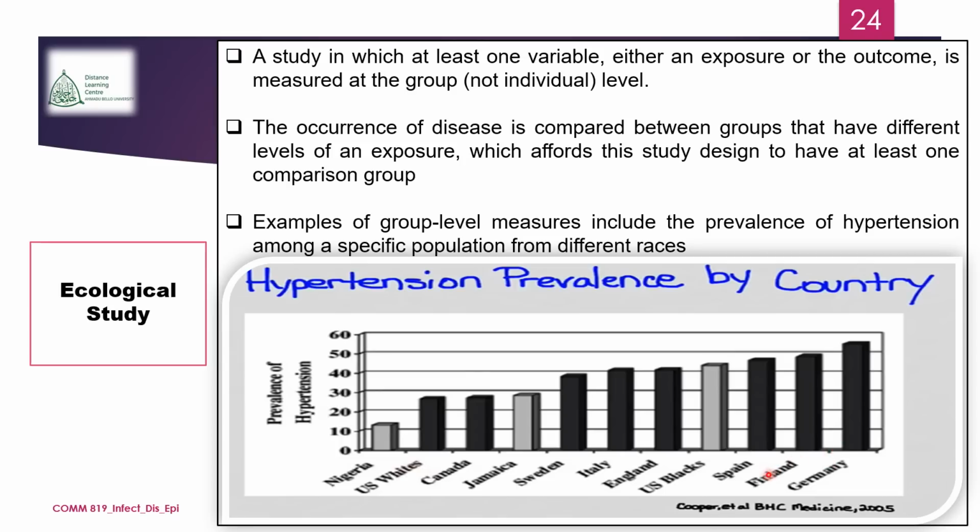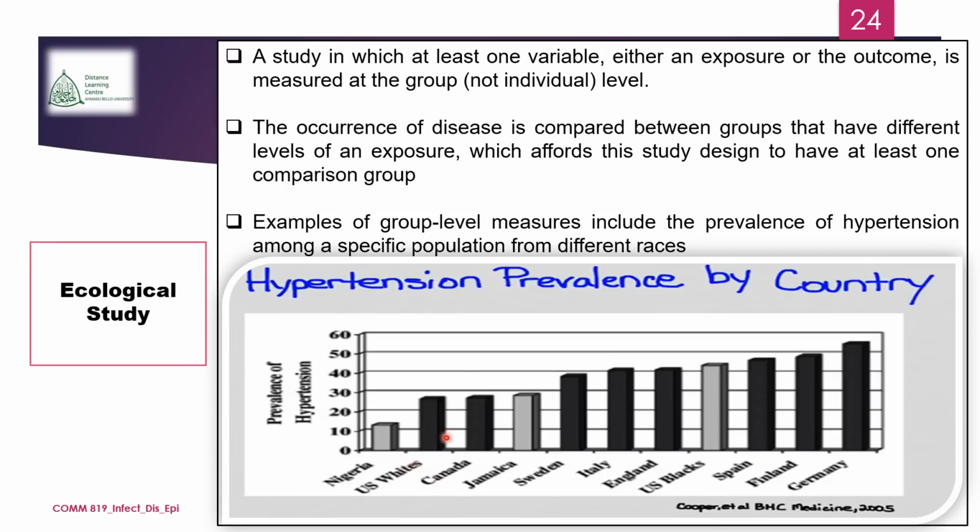After collecting all the data, they compared the prevalence, and they observed that in Nigerians, that is black, the prevalence of hypertension is very low as compared to US black. Jamaica as well, which has African origin, also tended to be lower in comparison to even the US white.